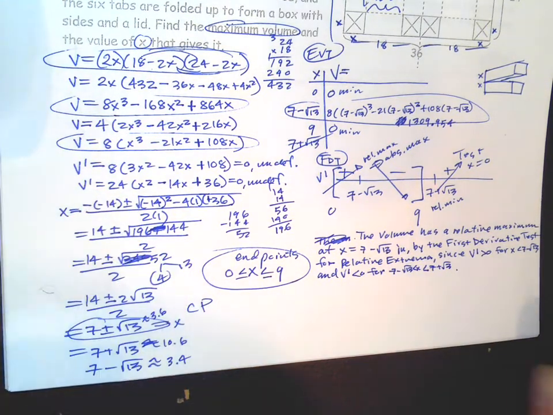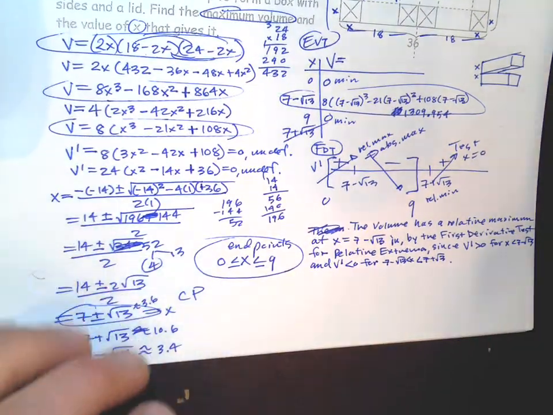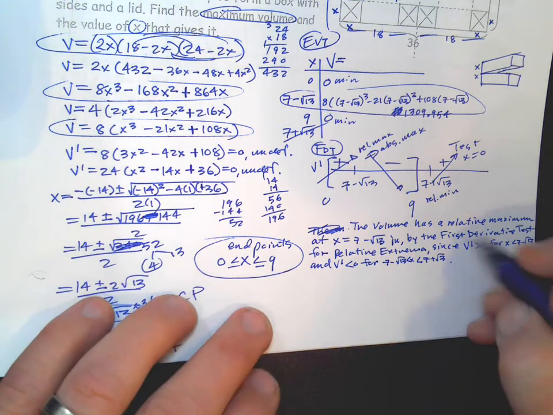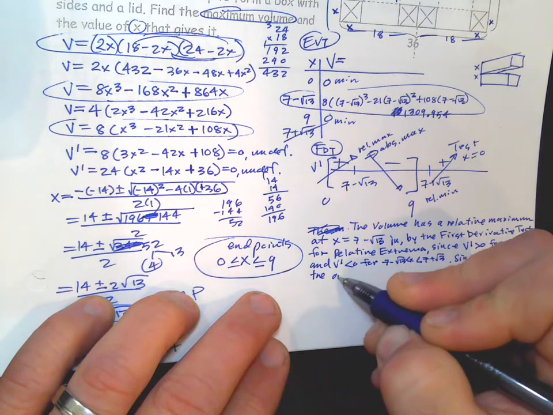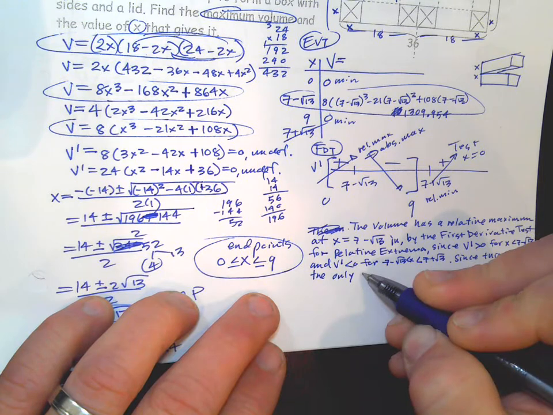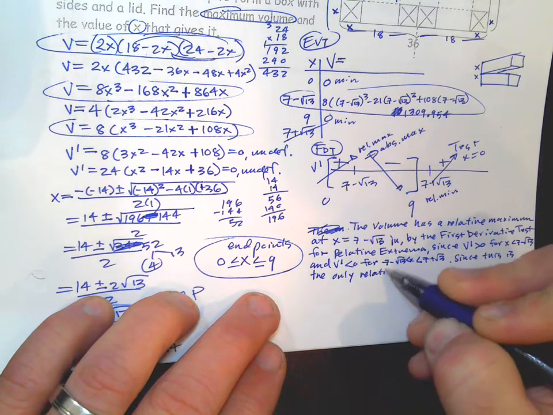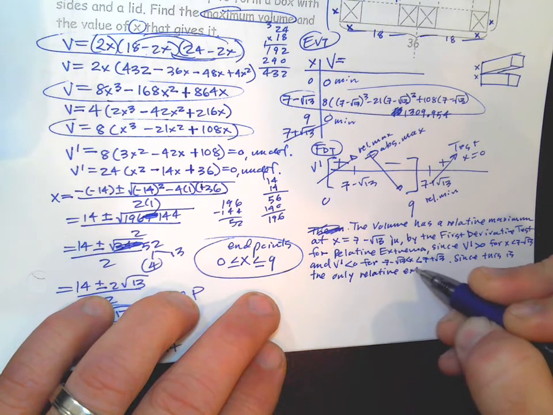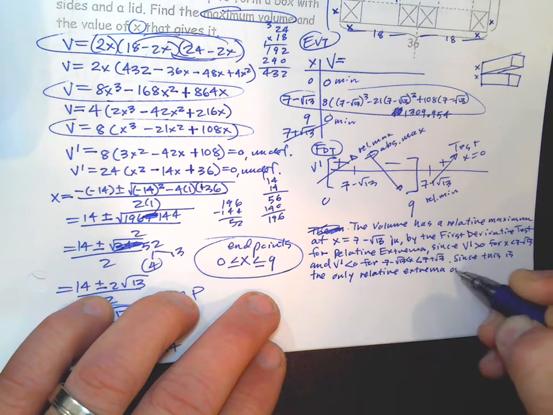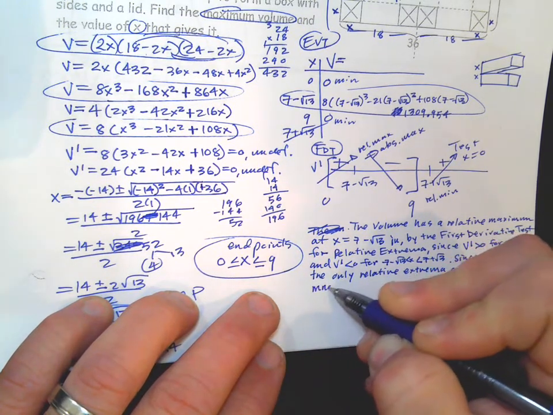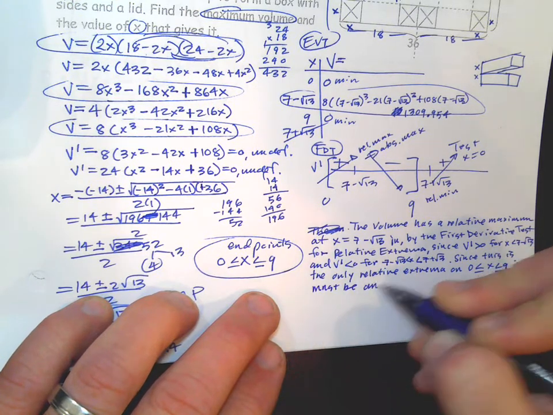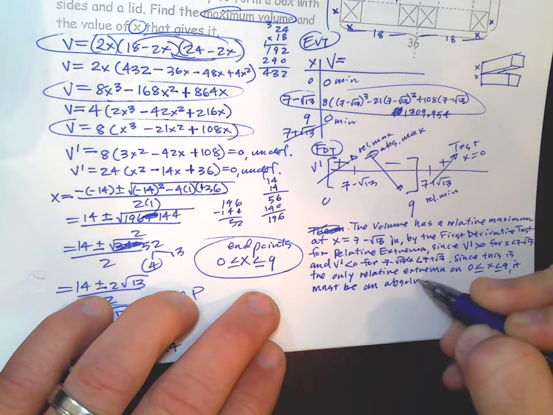So that's just justifying the relative max, which is what you would need to do if you're going to do first derivative. Now you got to tell me why it's an absolute max. Since this is the only relative extrema on 0 to 9, it must be an absolute maximum.